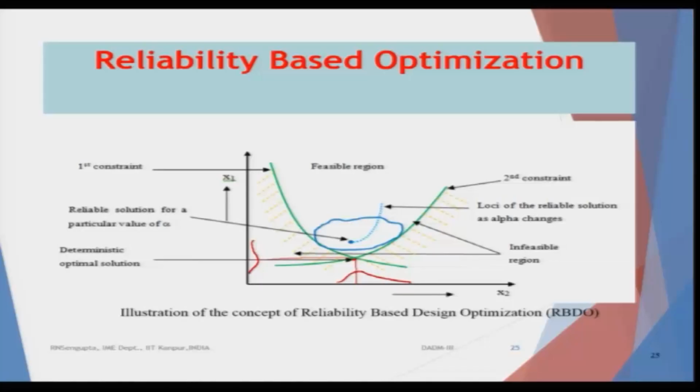So, the reliable solution for a particular value of alpha is given, and you have the feasible region which is inside. So, this is the feasible region. The yellow color should basically make things clear to you.